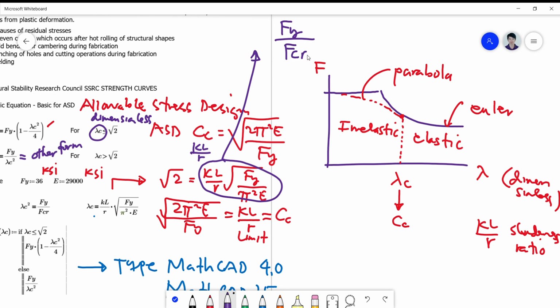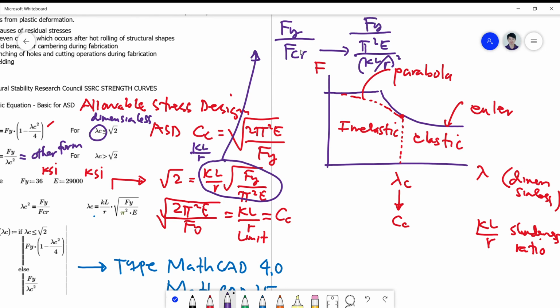What is Fcr? Fcr is simply equal to pi squared E over KL over R squared. Okay, so I can put this below. So this is simply pi squared E all over KL over R squared, and this is Fy.